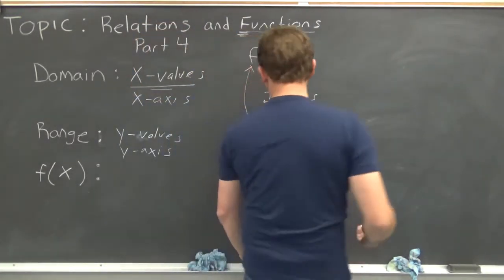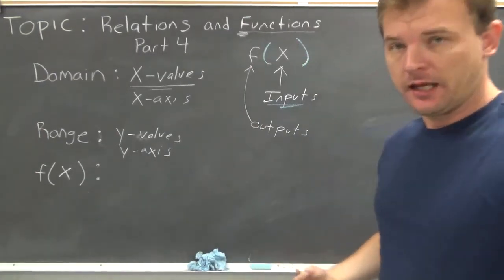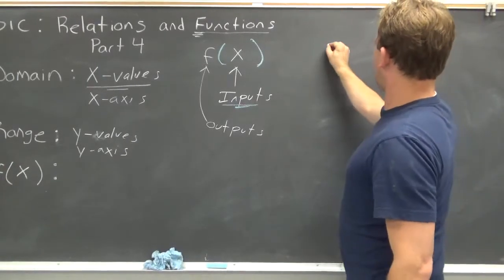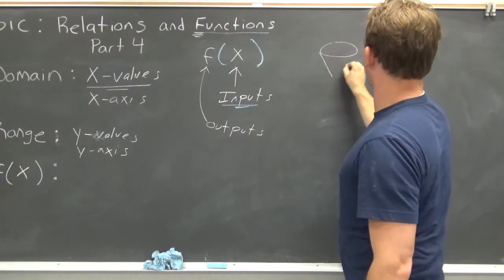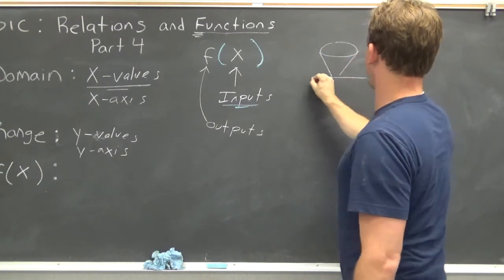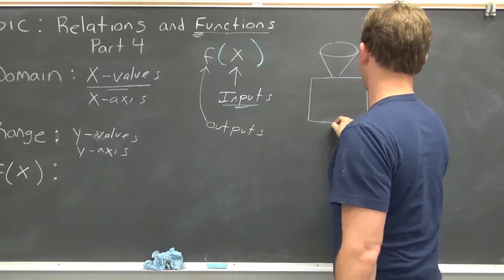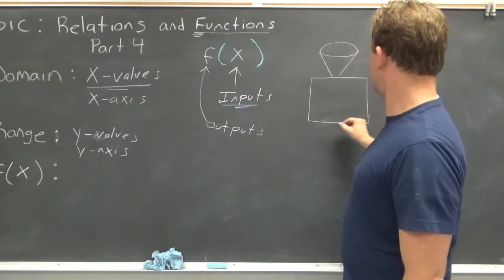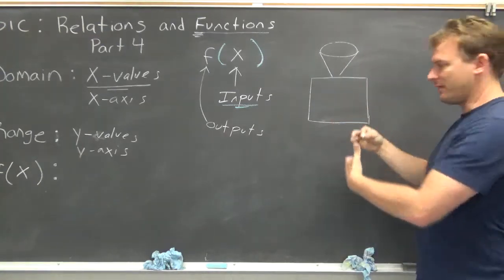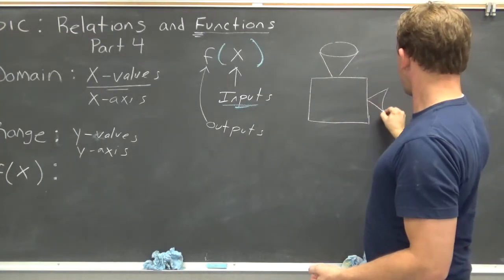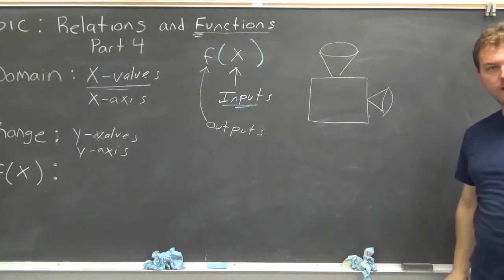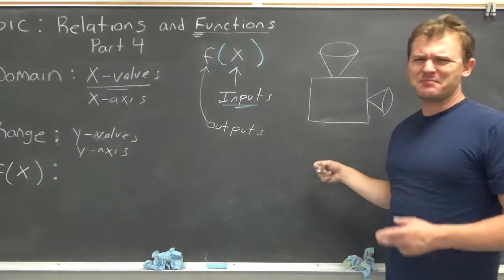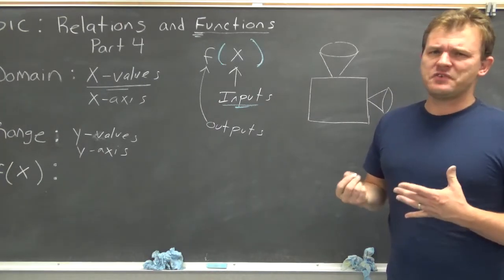So I'm going to draw a little picture of this, and maybe this will clarify things. We have a funnel, and we have a little box or a system. Say that this system processes something and you get something out of it. You've probably seen this before, but many teachers draw this and maybe it helps those visual people.